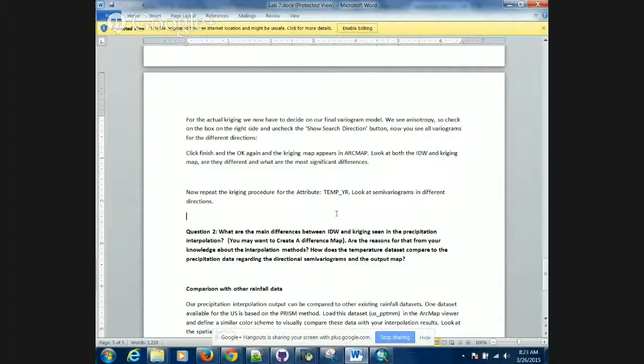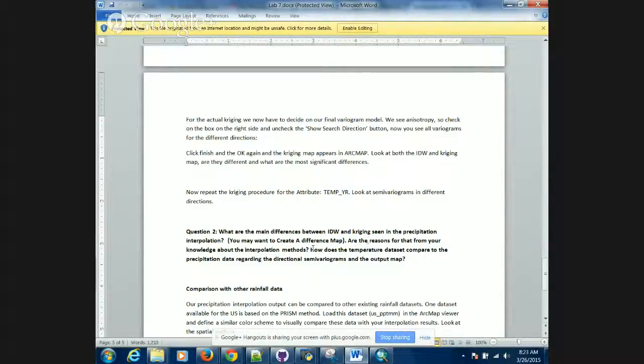Okay. Are the reasons for the differences in the interpolation from your knowledge about the interpolation methods? I messed up on that question, didn't I?